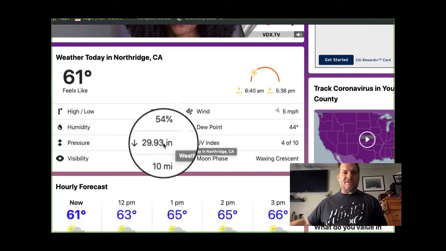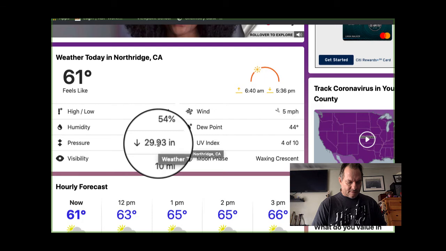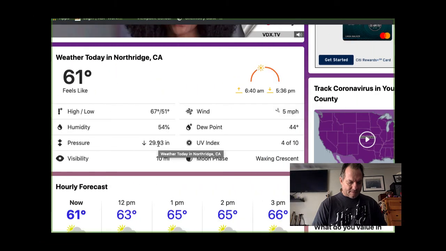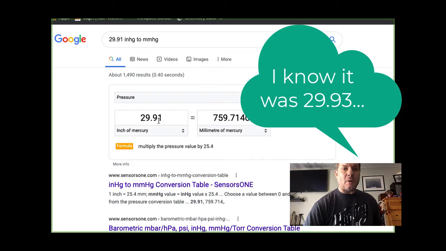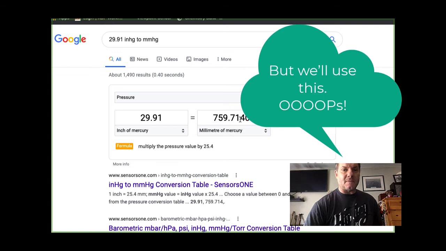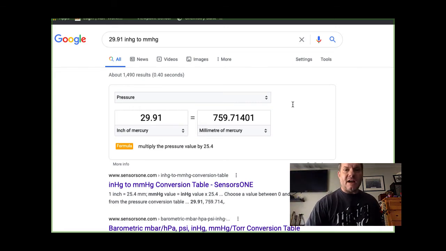In order to make that conversion, I can take that 29.93 inches of mercury and convert it to millimeters of mercury. All you have to know is there's 25.4 millimeters in an inch, and we get a pressure of 759.7. Let's go ahead and call that 760 and record that.